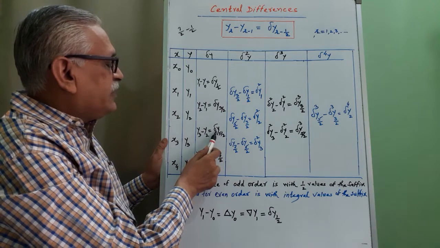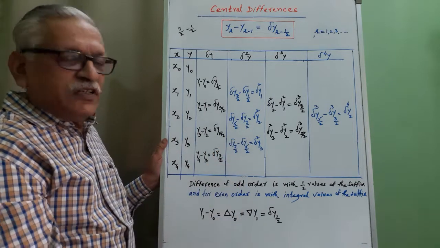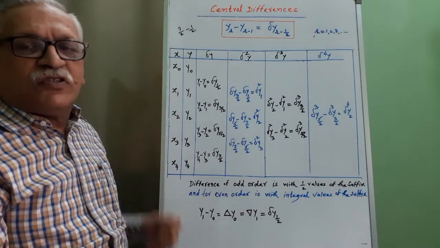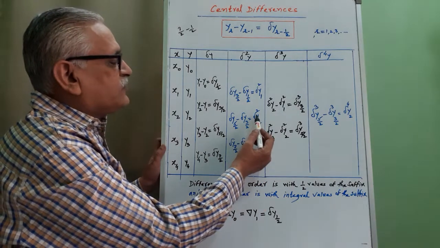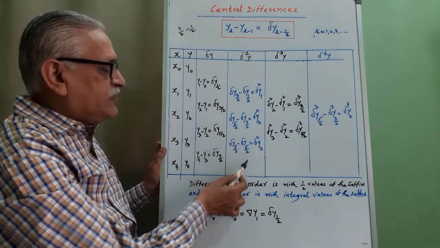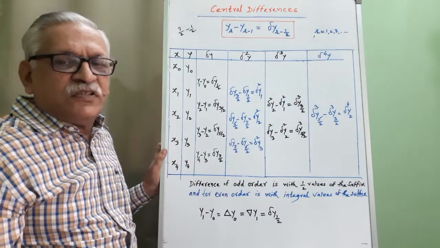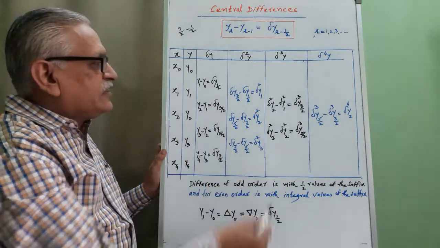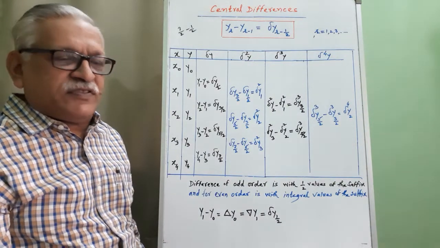Next, delta y 5 by 2 minus delta y 3 by 2 is del square y with suffix 5 by 2 minus 1 by 2, which is 4 by 2, that means 2. Therefore, it is del square y2. Next, delta y 7 by 2 minus delta y 5 by 2 is del square y with suffix 7 by 2 minus 1 by 2. We get 6 by 2, which means 3. Therefore, it is del square y3. This is the column of second order central differences.